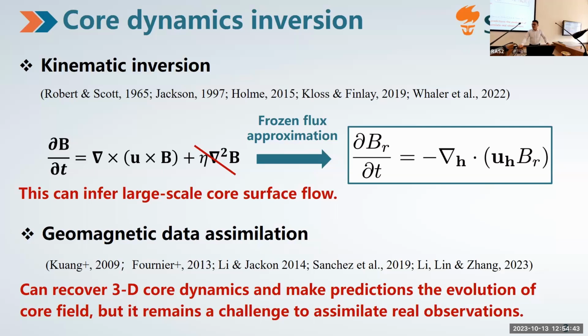But this is still very challenging. First, the observed field is only a very small fraction of the whole core dynamics. And more importantly, I don't think we have a fairly realistic geodynamo model to assimilate the realistic data.